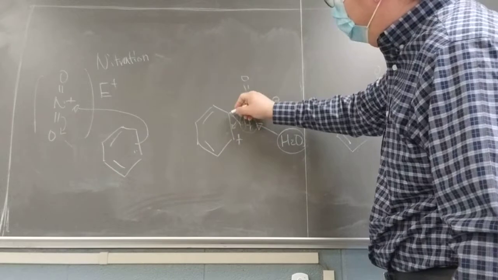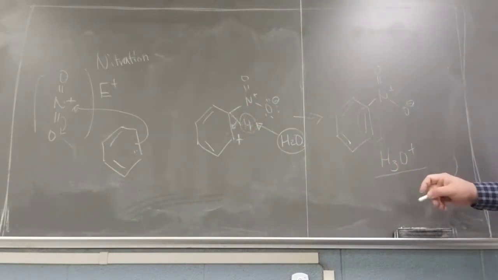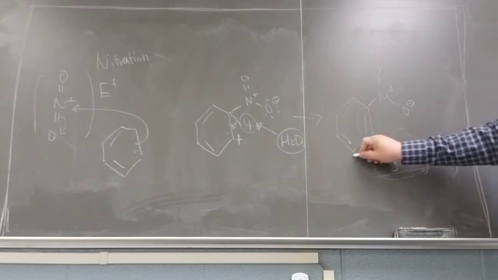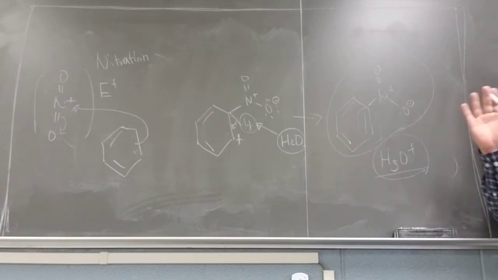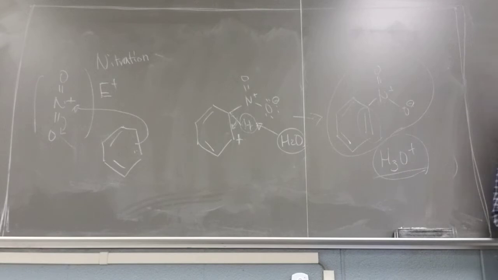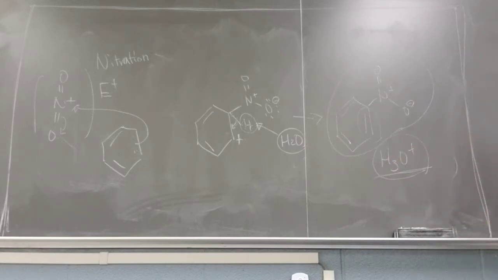So positive will be gone, and then this will be a double bond over here, and then this is the product from the nitration. So this is what I briefly mentioned. I did it again today because I only spent a little time. So this is nitration.